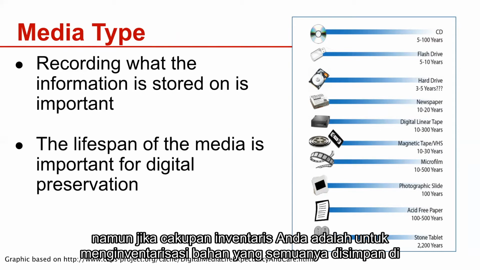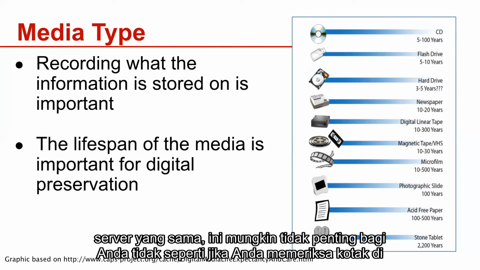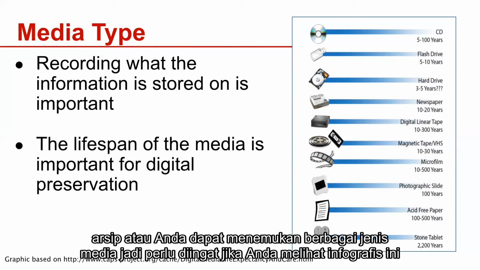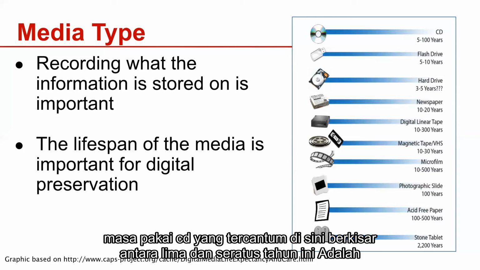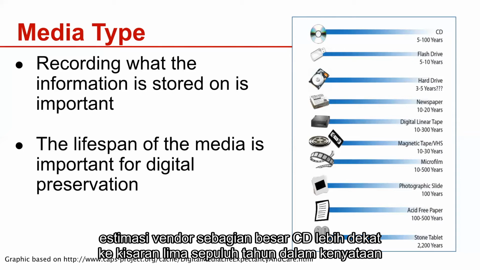However, if the scope of your inventory is to inventory materials that are all stored on the same server, this may not be important to you. Unlike if you are going through boxes in your archives, where you could run into various media types. So keep in mind, if you look at this infographic, the life of a CD listed here ranges between 5 and 100 years. These are vendor estimates. Most CDs are closer to the 5-10 year range in reality.